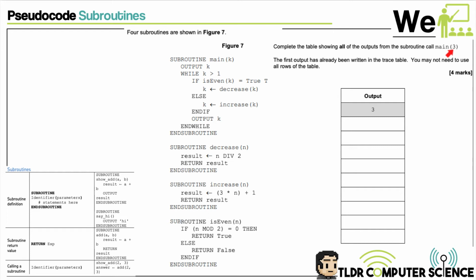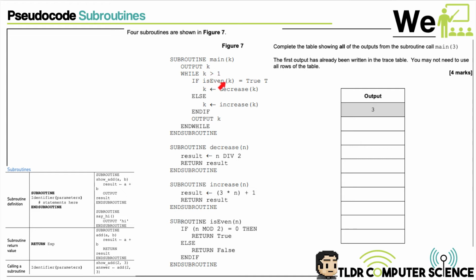So the first thing that happens is that you call main, and k is going to become 3. The first output's already been written because it says output k. You may not need to use all the rows of the table. Okay, so while k is bigger than 1, and we need to show every output. Well, k was 3, so 3 is bigger than 1.